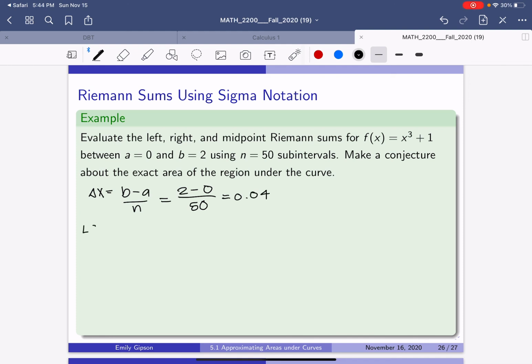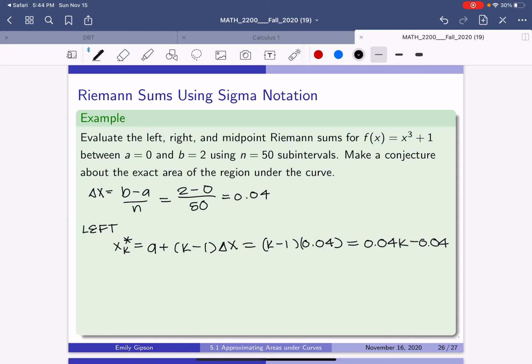And since we're doing the left Riemann sum first, my x_k star is equal to a plus k minus 1 times delta x. Well, my a is 0, so I just get k minus 1 times 0.04, which means I get 0.04 times k minus 0.04.